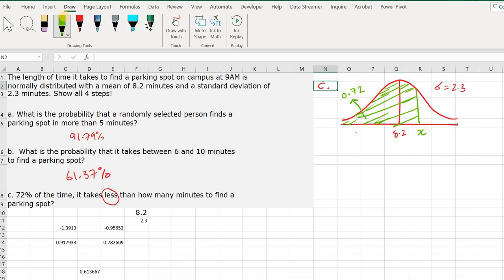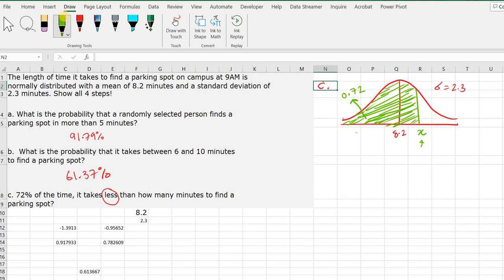Okay. Less than means I will highlight the area to the left of that line. So here is the sketch. Now I would like to find this x. Notice that I need the x and I was given the probability, so I will use the inverse function in this case.